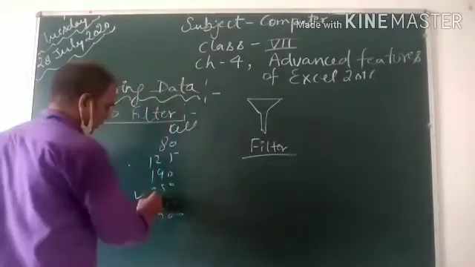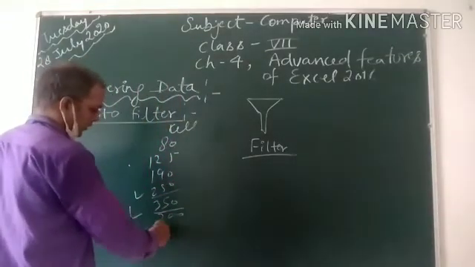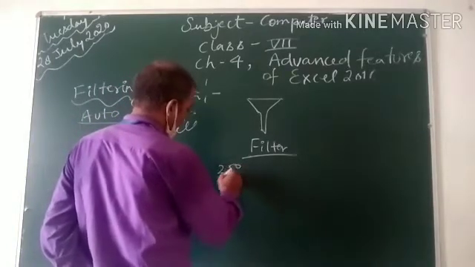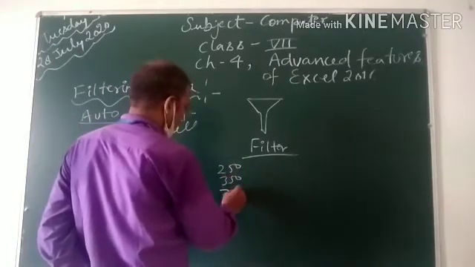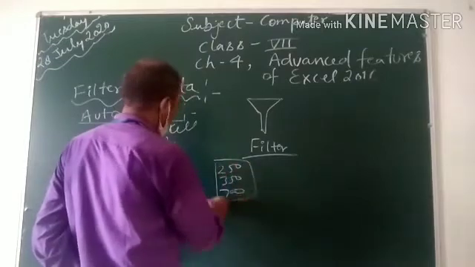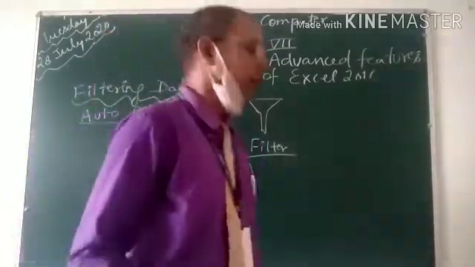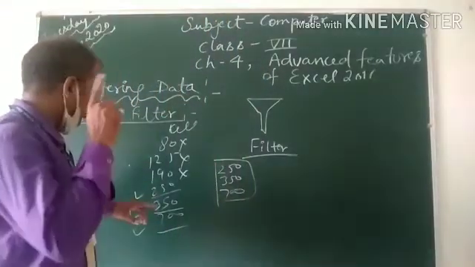So if you select the three numbers 250, 350, and 700, then the computer will show only 250, 350, and 700, and the rest of the numbers will not show on your Excel sheet.